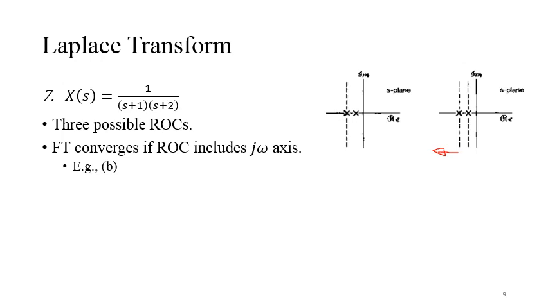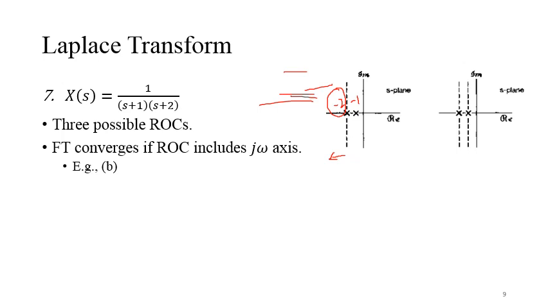In fact, another ROC will be that you say it is less than minus 1. You understand, this is minus 2 and this is minus 1. So we say that the ROC is less than minus 1. That means the ROC is on this side. So this is basically your left-sided signal.